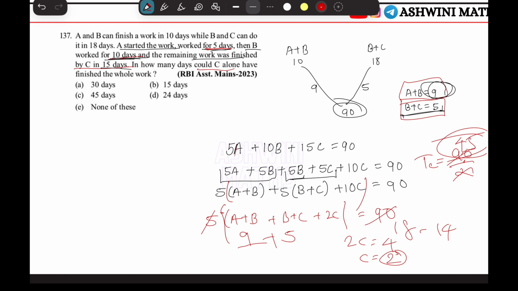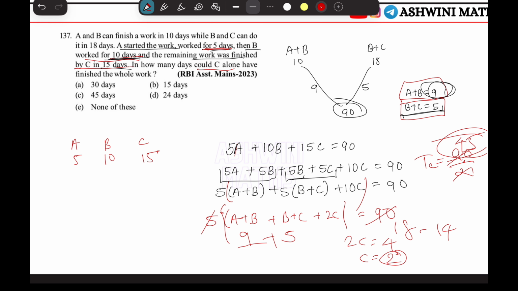Okay, so if you focus on the wording of the question, A worked for 5 days, B worked for 10 days, and C worked for 15 days.